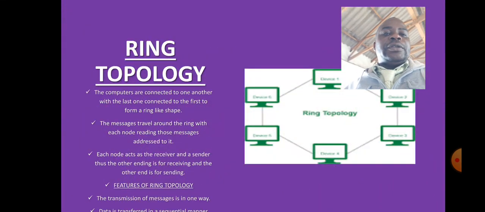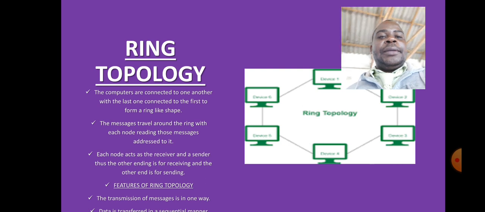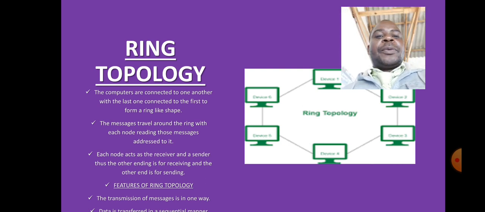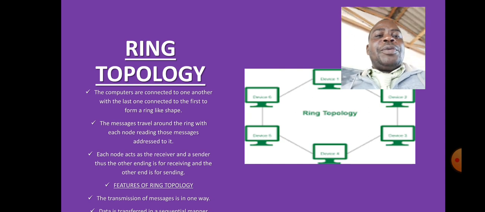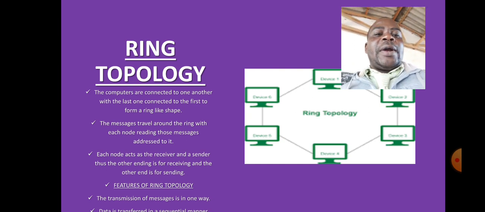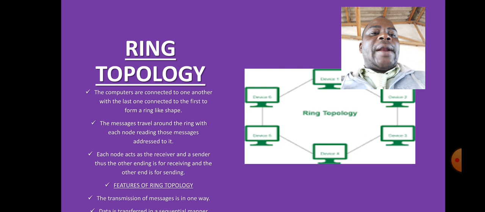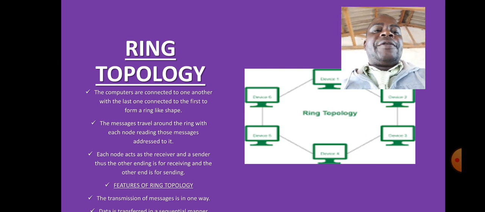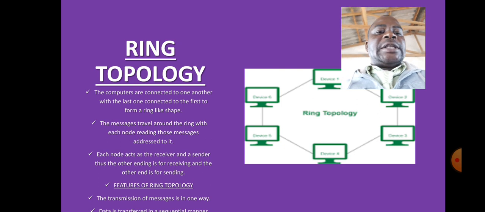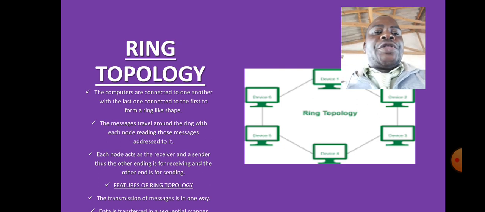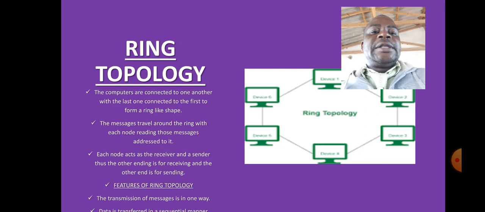Then the second topology we are looking at today is the ring topology. On the ring topology, the computers are connected to one another with the last one connected to the first one to form a ring-like shape. Messages travel around the ring with each node reading those messages addressed to it.